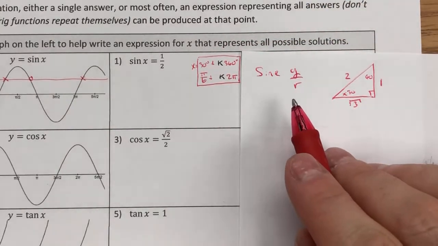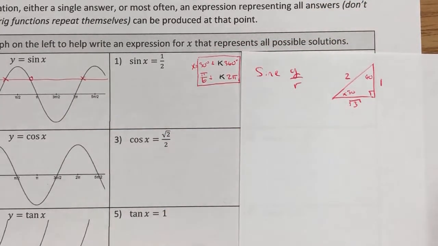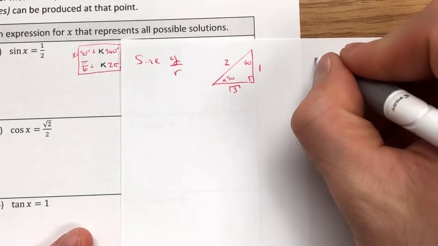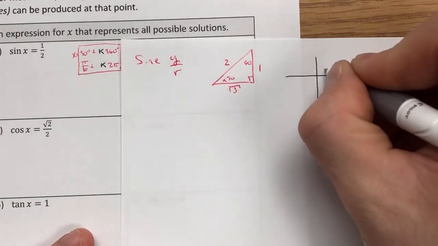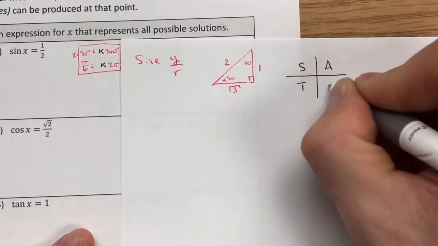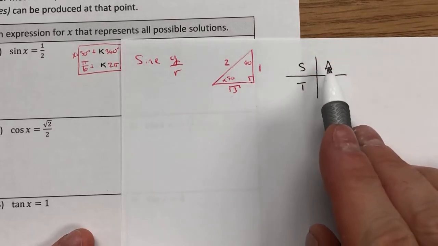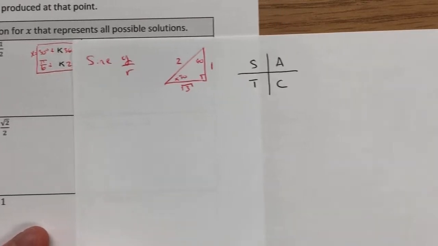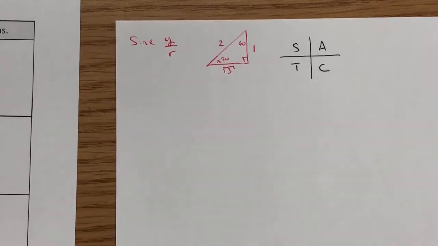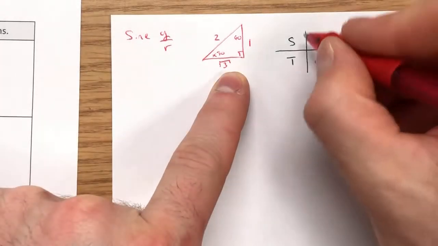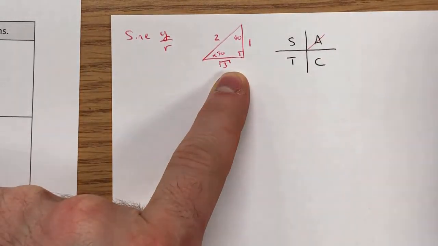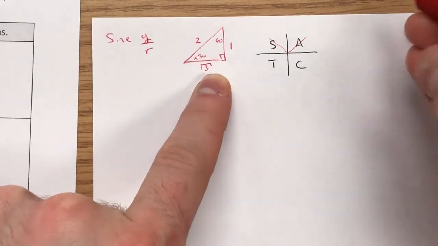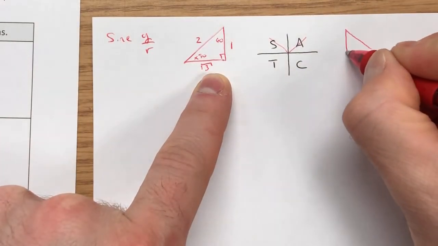Now, what we also notice is that sine is positive both in, let's take another quick look at this. I know sine is positive both in the first quadrant and in the second quadrant. So I should have not only my first graph right here, which is in the A area, but I know that the sine is also positive in the second quadrant, which means that this graph happens again.